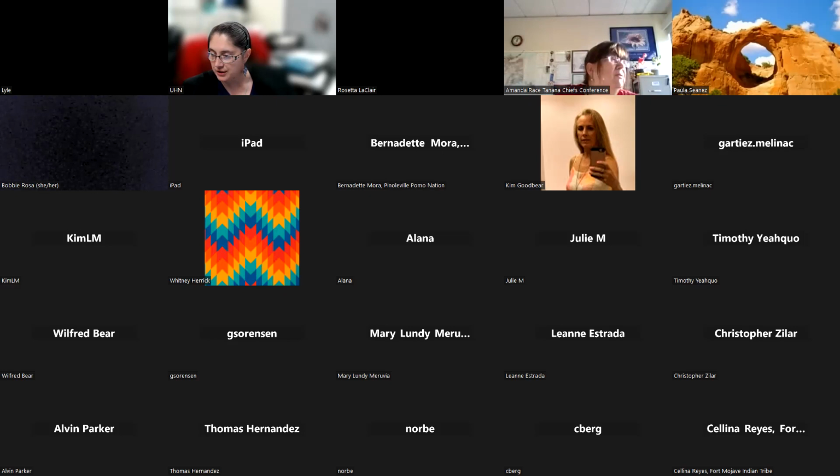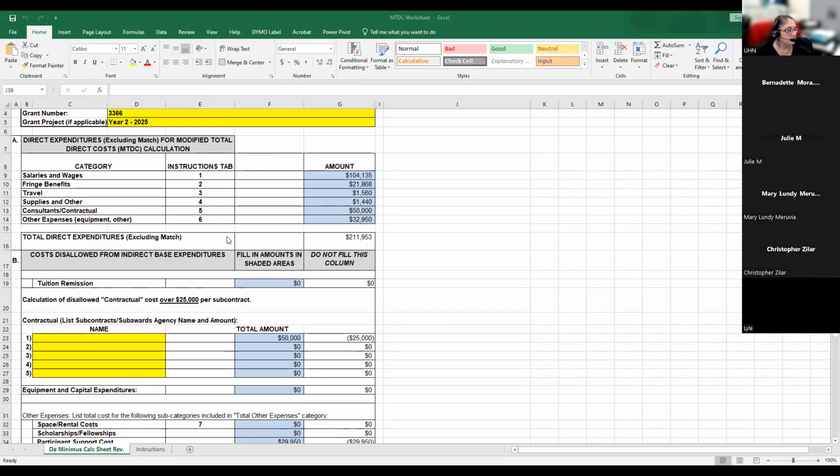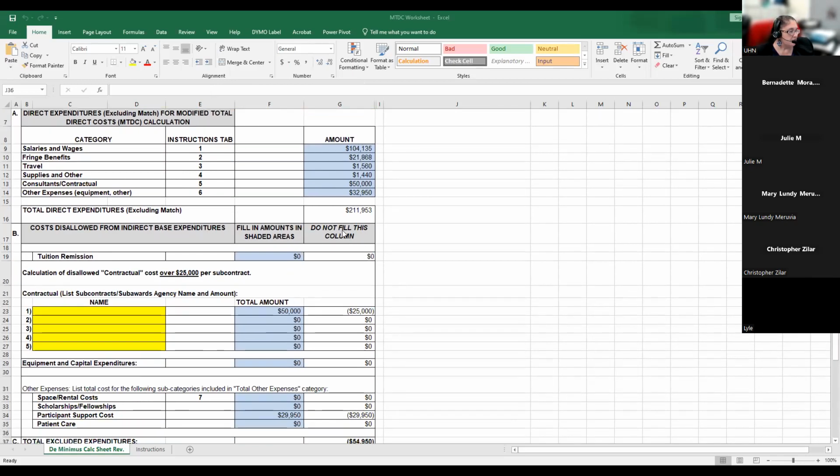I actually will share my screen. This is a worksheet we've used before, so this was a different grant. You pop in all of the information, all your salaries, the line items. This was not a horribly huge grant, but decent. Contractors, if there are contractors that are estimated.